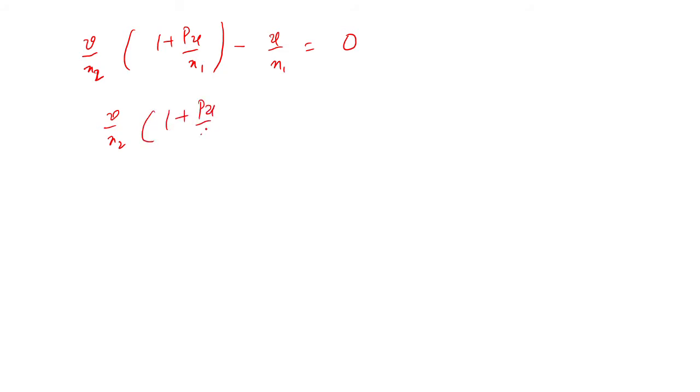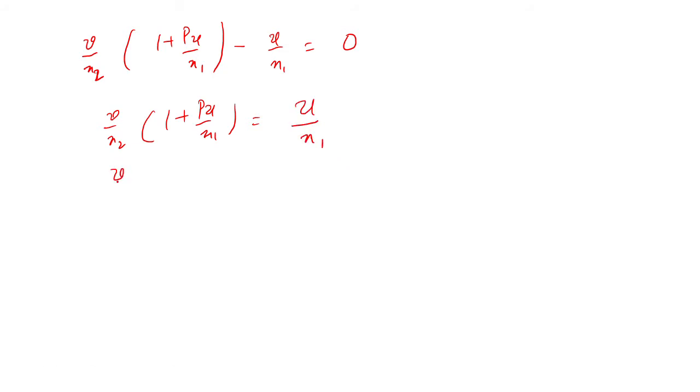So then if I do that, I'm going to set v by n2 times 1 plus pu by n1, minus u by n1, equal to 0, right? Then I can write that as v by n2 times 1 plus pu by n1 is equal to u by n1.